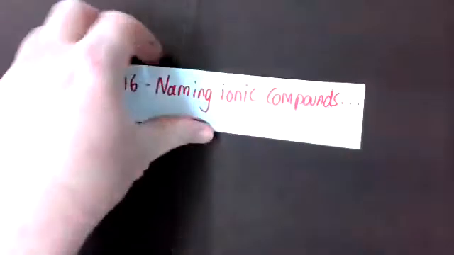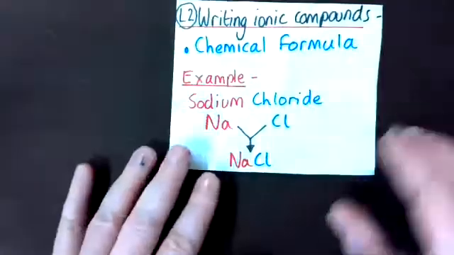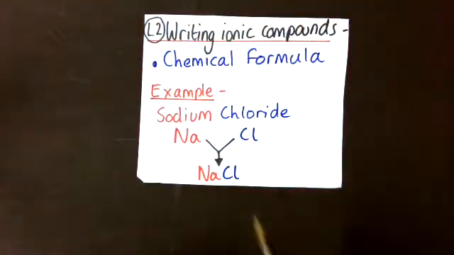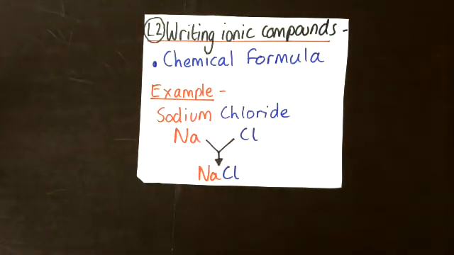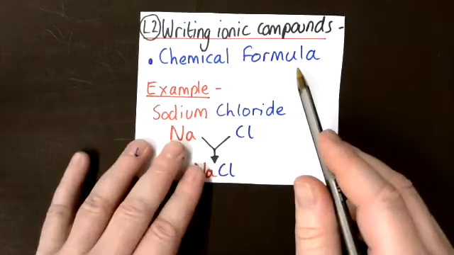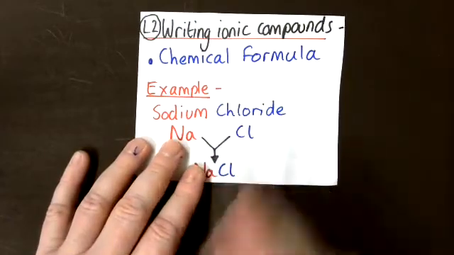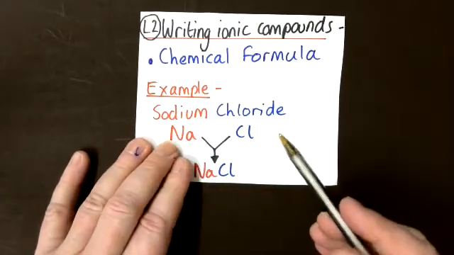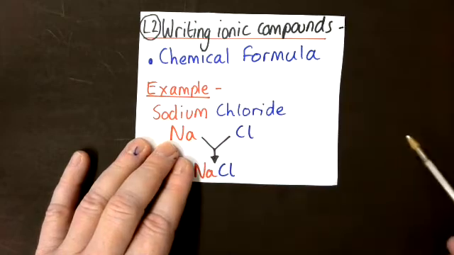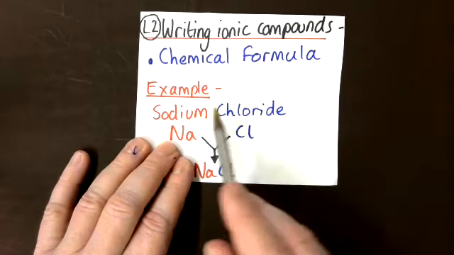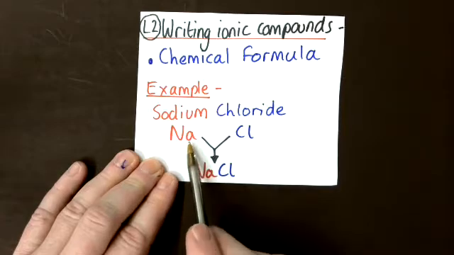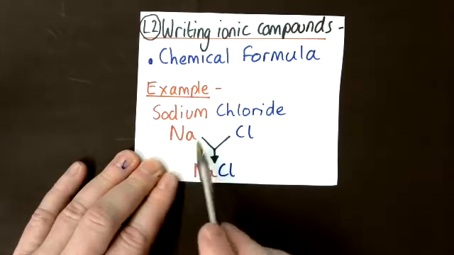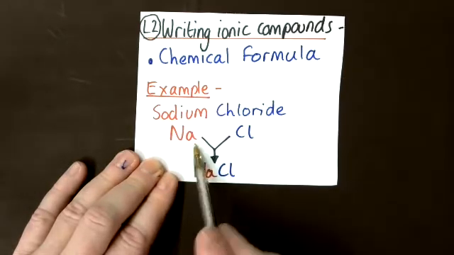Right. In the second lesson, which is called writing ionic compounds, we get to something called chemical formula. Chemical formulas are simply using the symbols from the periodic table. So in this example, we've got sodium, which on the periodic table is represented as Na.